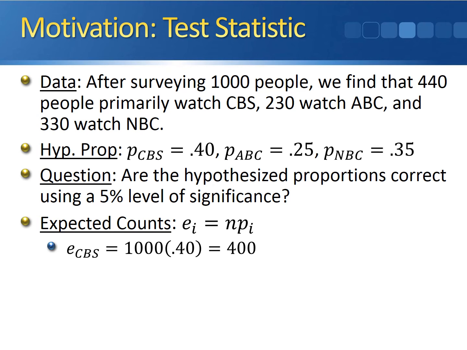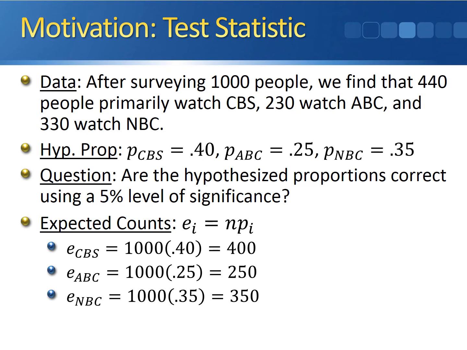We would expect, if the null hypothesis is true, that 400 of the 1,000 people would primarily watch CBS. We repeat this for ABC. The expected count for ABC is 1,000 times 0.25, which gives us 250. And for NBC, the expected count, 1,000 times 0.35, which gives us 350.